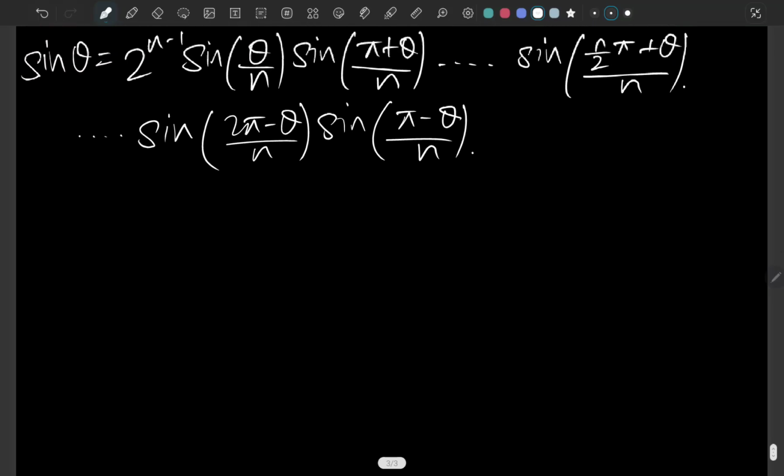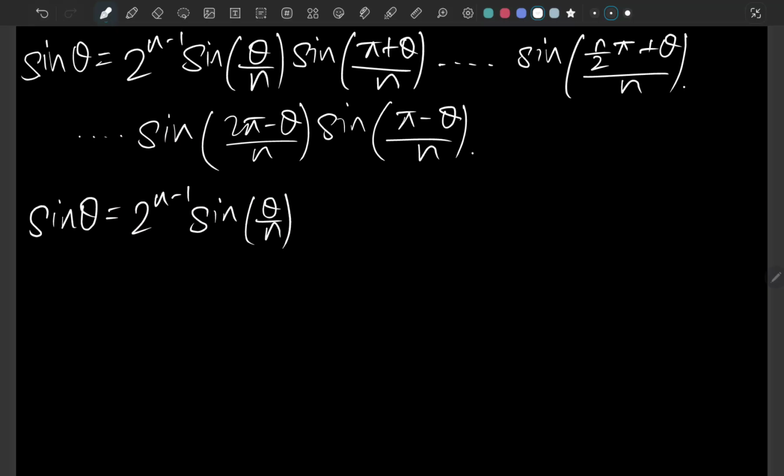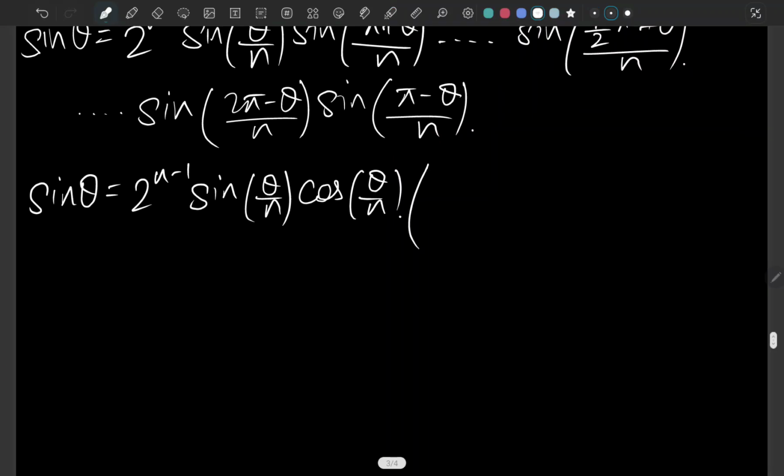So we can write that down as sine theta equals 2 to the n minus 1 times sine of theta over n, and then we have the cosine of theta over n. Actually, from here, let me show you. From here we can plug that in, because everything is being multiplied together, so we can replace any positions.